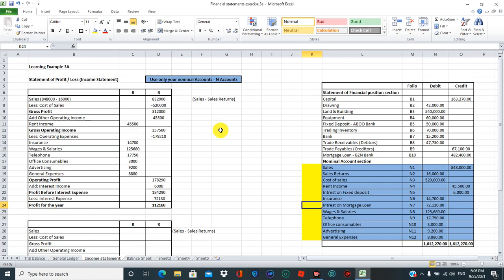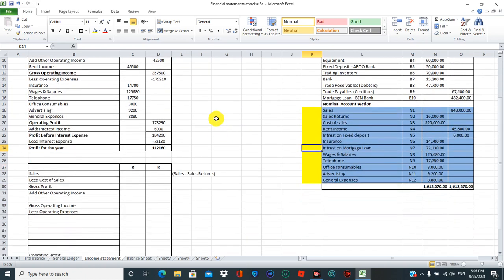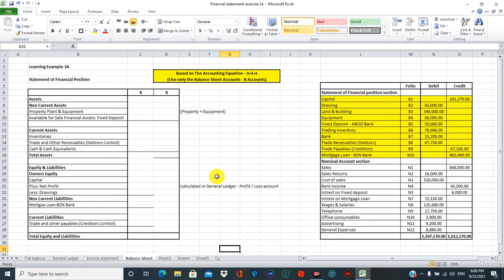Great. So now we've done the statement of profit and loss. Now next, we're going to look at the balance sheet. Now, like I said, the balance sheet, that's what a B stands for. So B for balance sheet accounts. So when you do your statement of financial position or your balance sheet, you need to work with a B side.